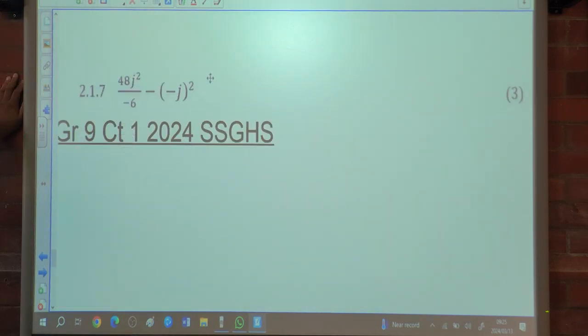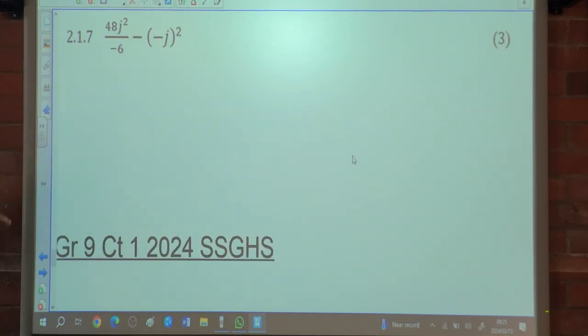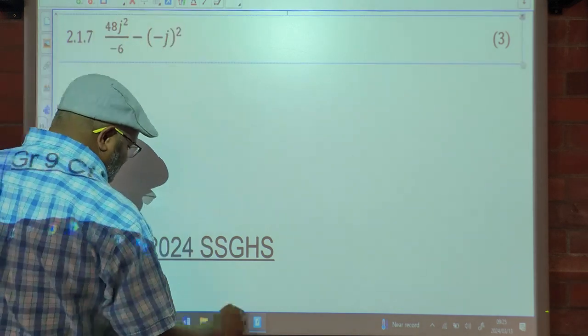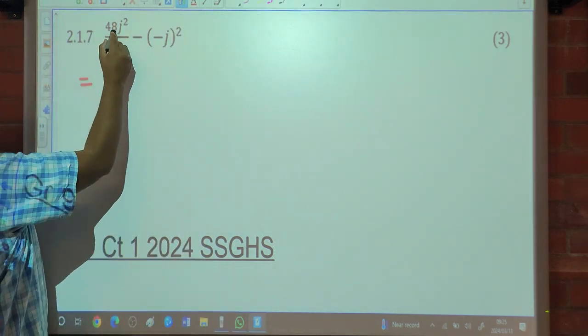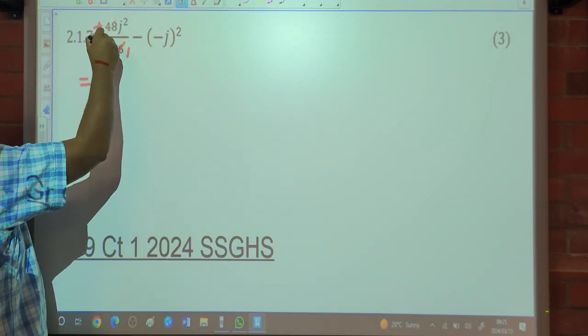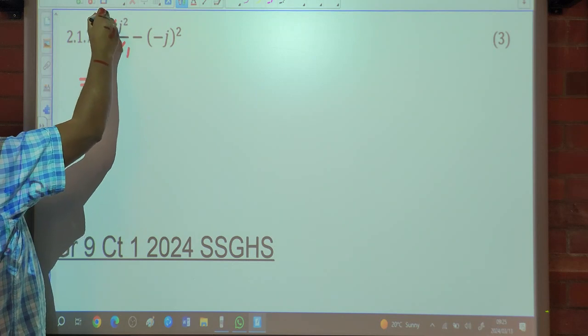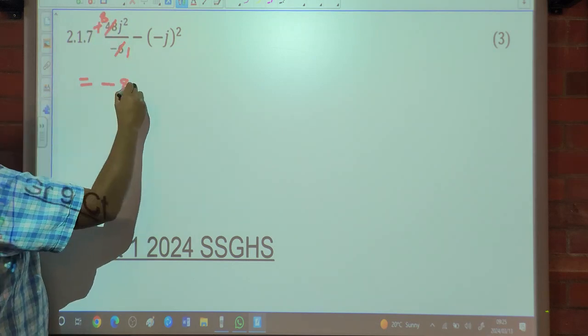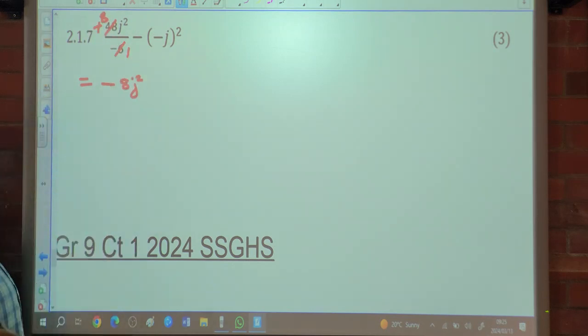Look at the next one. So how many terms are here? 2 terms. So you must simplify the terms first. So positive divided by negative is negative. 64 divided by 8, 8 times. So it's 8 J squared. Not so.